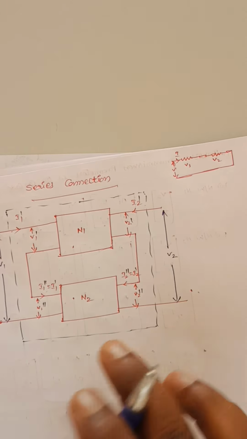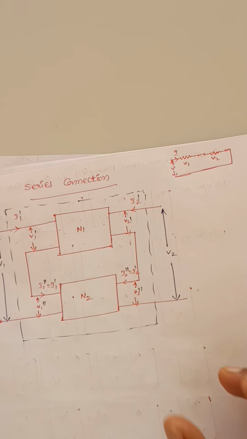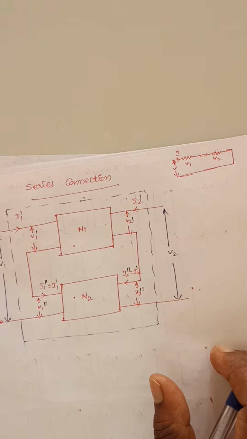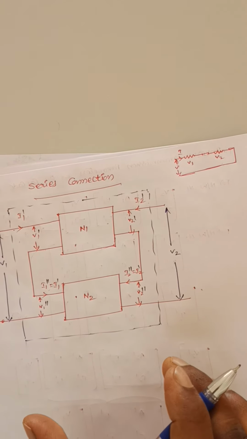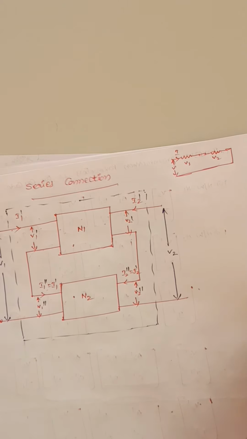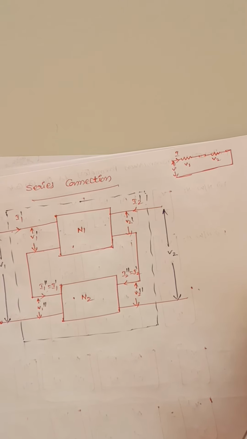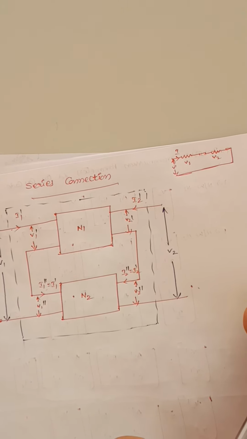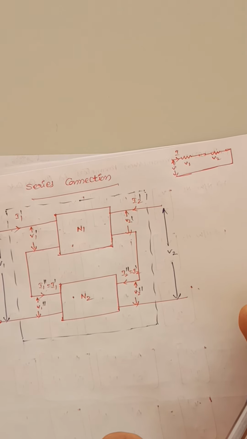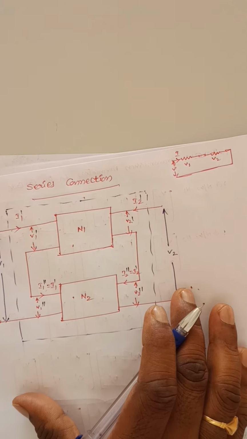Now, how to analyze this series connection? Analysis means calculation of the parameters: Z parameters, Y parameters, ABCD and H parameters, whichever is easier to calculate.